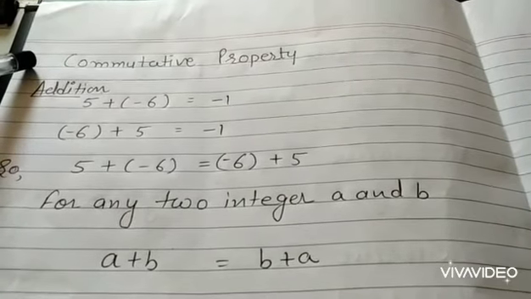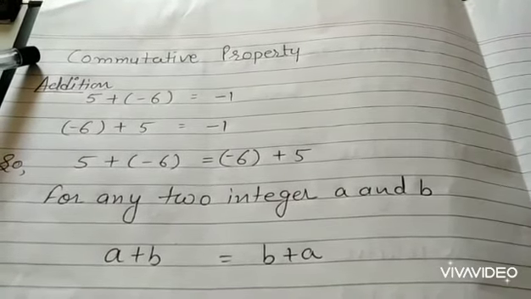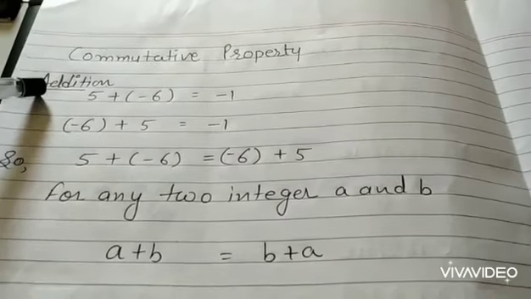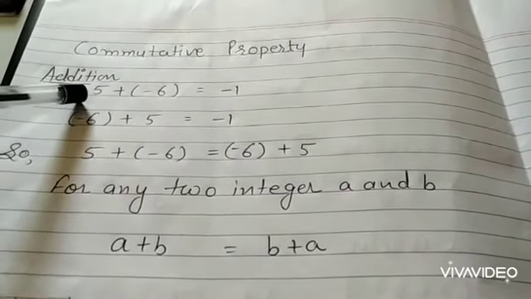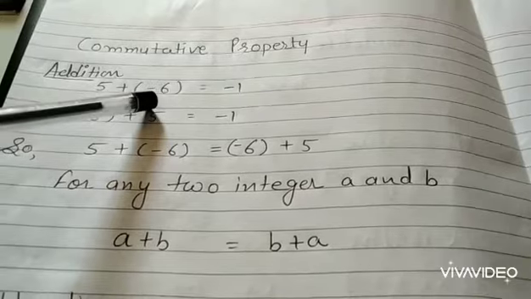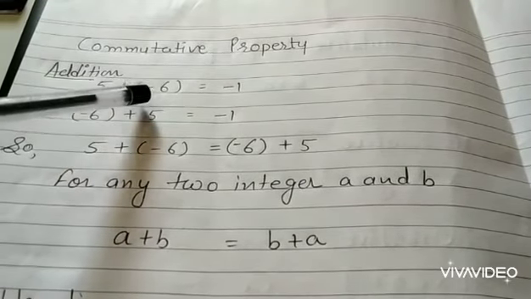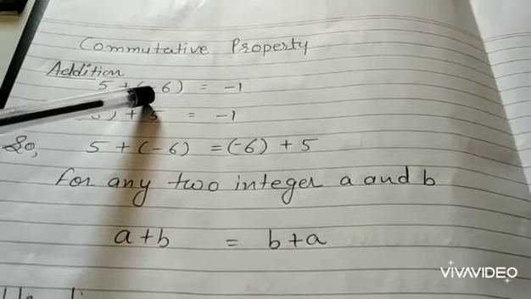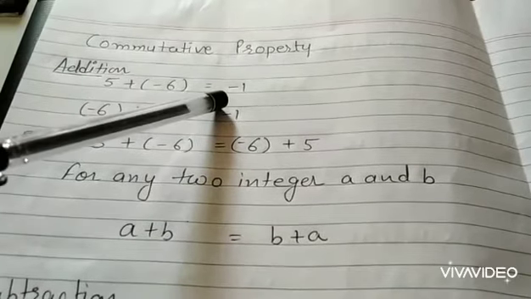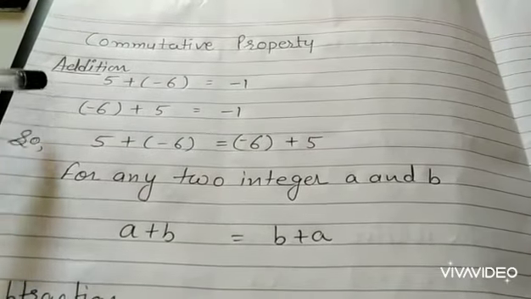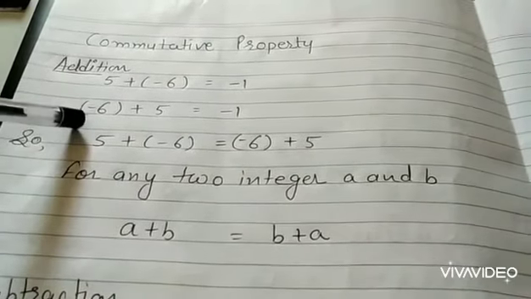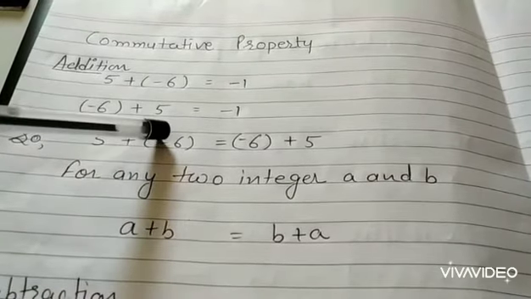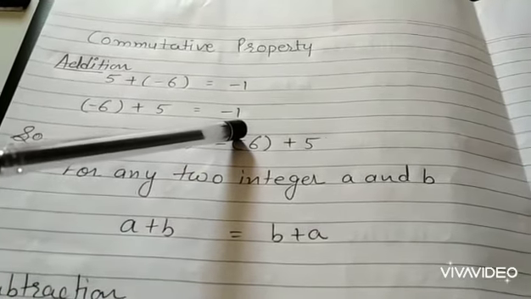Now next is commutative property. Firstly we will take commutative property for addition. We have taken two integers, 5 plus minus 6. 5 is a positive integer. As you know, minus 6 is a negative integer. We will have the answer minus 1. Now we are changing the order, and it will be minus 6 plus 5, which is equal to minus 1.